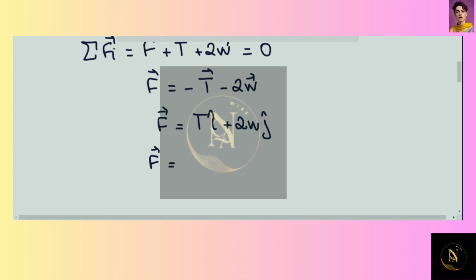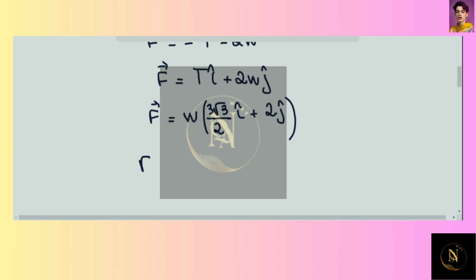Now, using that T is 3 times the square root of 3 divided by 2, I plus 2j. So the magnitude of the force is W times the square root of 9 times 3 over 4 plus 4, because I'm squaring each component and then taking the square root.